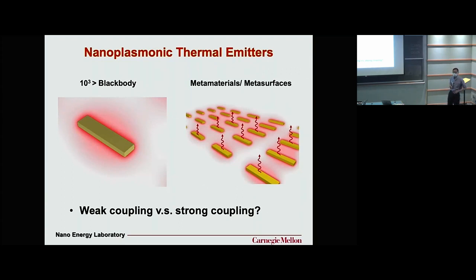Roughly speaking, we can divide it into 2 regimes. The first one is the weak coupling regime. This is also very understandable. If you have nanowires or nanoparticles well separated, they don't really interact with each other. There is little crosstalk between them. So in this case, the thermal emission from the individual nanostructure will determine the overall thermal emission, because they don't have crosstalk.